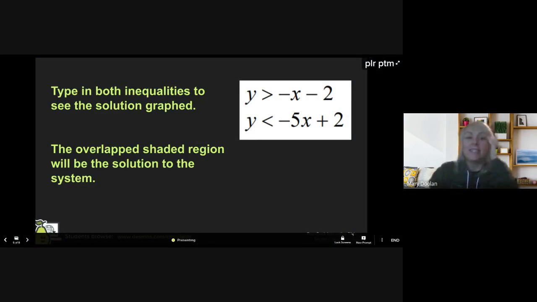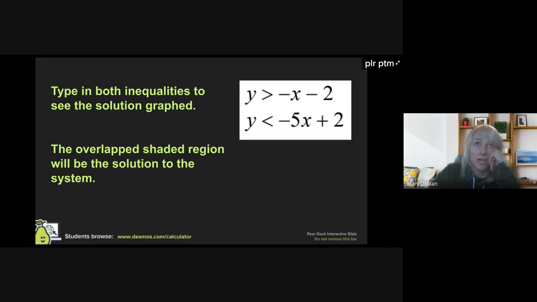So this next slide, you're going to go to your Pear Deck tab. And you're going to be able to see that you have Desmos open. I'm giving you a task to do right now. I want you to type in both inequalities in Desmos.